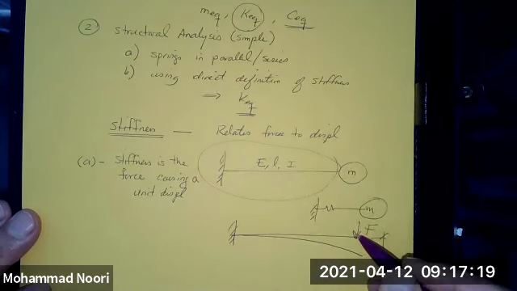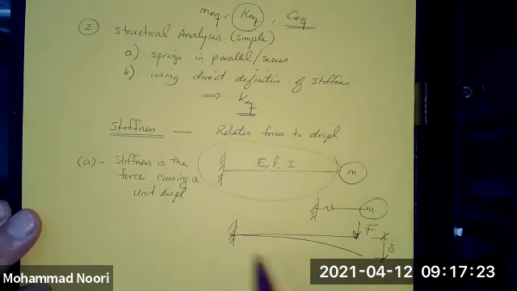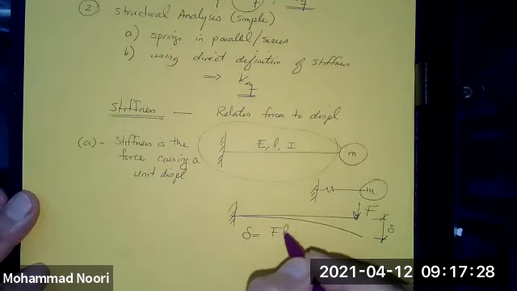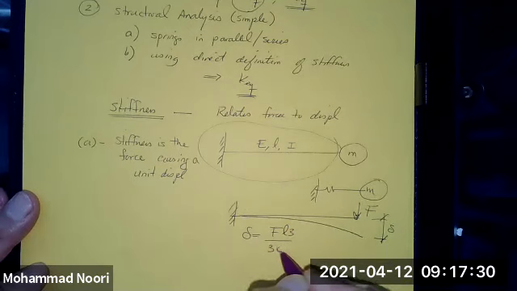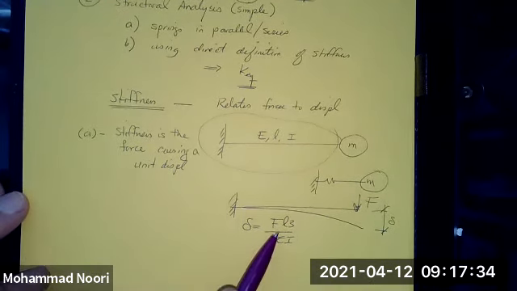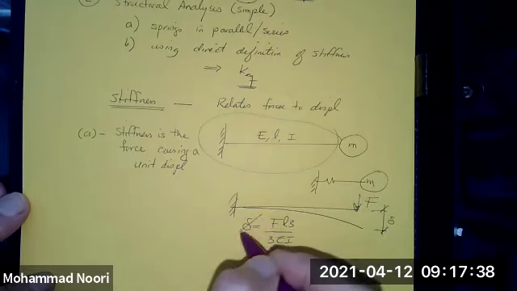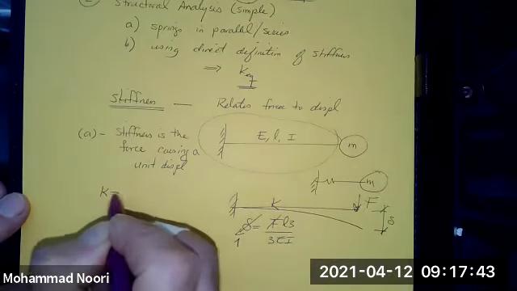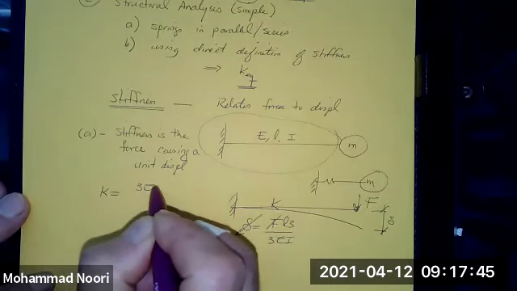If you apply a force at that degree of freedom, F, this experiences a deformation. This deformation caused due to that force is FL cubed over 3EI. So the force that causes a unit displacement is the stiffness. If this is 1, this would be the stiffness.